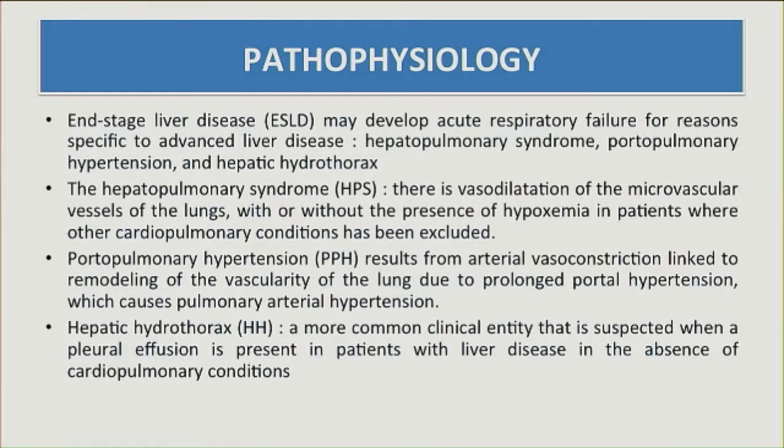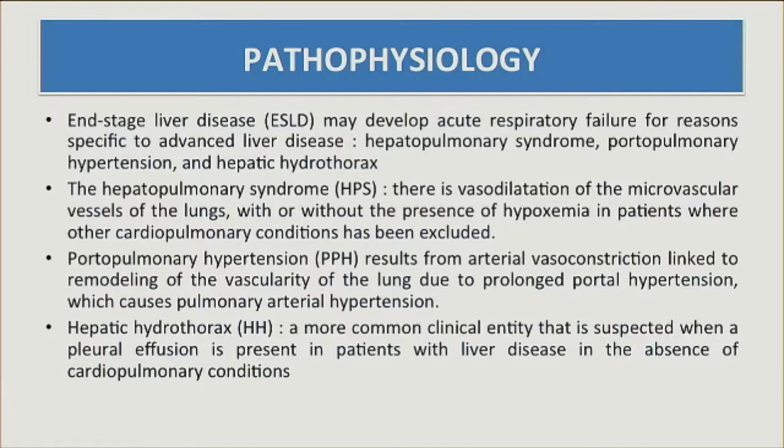If you look at liver cirrhosis itself, there are specific lung abnormalities related to advanced liver disease. There are hepatopulmonary syndrome, portopulmonary hypertension, and hepatic hydrothorax. Hepatopulmonary syndrome is caused by vasodilatation of the microvascular vessels in the lung, caused by the presence of many substances that cannot be cleared by the lung.